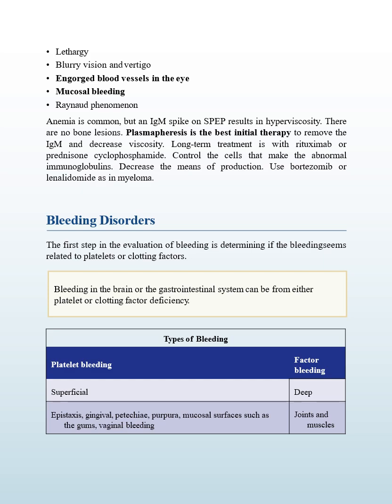Here there is a nice table for different types of bleeding. Superficial bleeding, we have epistaxis, gingival, petechiae, purpura, mucosal surfaces such as gums, vaginal bleeding. Deep bleeding, we're talking about joints and muscles.